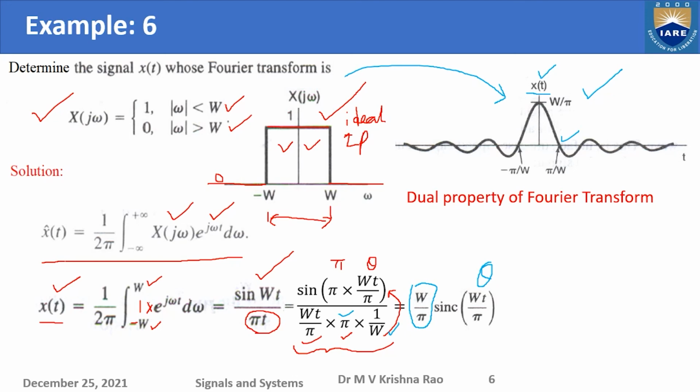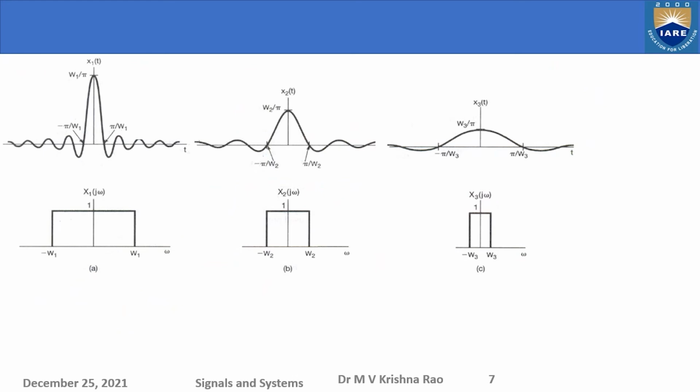With these two important functions, after this I want to illustrate the bandwidth expansion and compression in these cases. So what I have done here, I have taken 3 sync pulses.